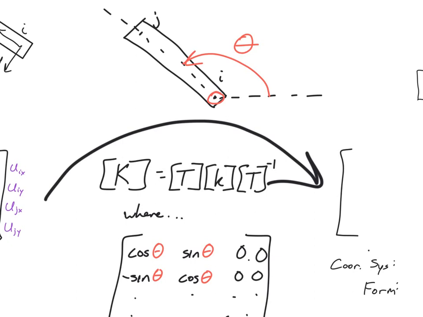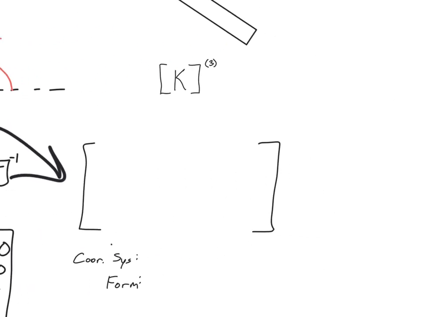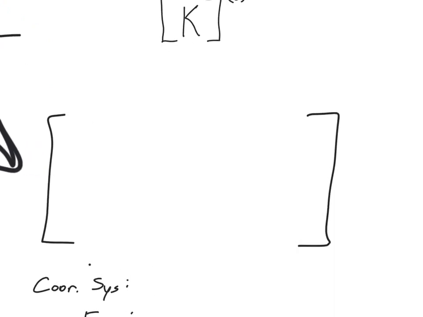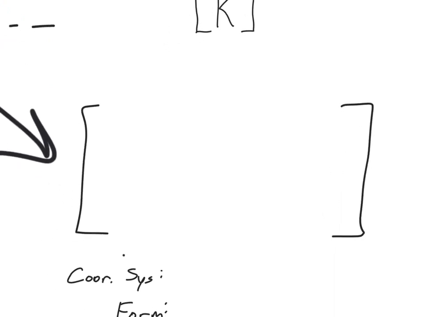All right, so we did our transformation. We now have our K value, so let's look at what that K value is. So we're moving over here. What do we end up with after we do the transformation? We have this global K, and let's zoom in a little bit more here so I have plenty of space to write this. We come up with cosine, let me change back my colors here.